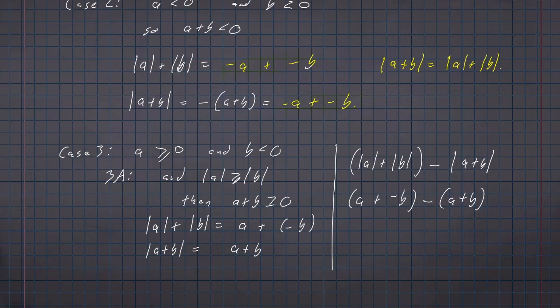And now subtracting here, we have A minus A, which is 0. We have minus B, which is minus 2B. And since B is less than 0, minus 2B must be greater than 0.